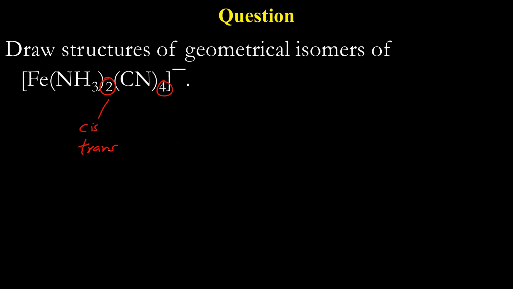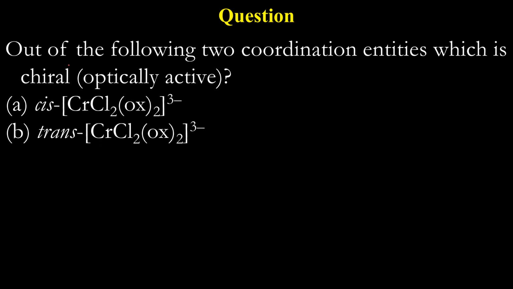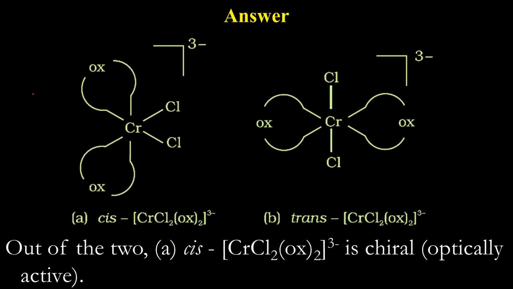So these two en can be on the same side, or can be opposite to each other. So that's why cis and trans forms will be possible. Out of the following two coordination entities, which is chiral, optically active? Cis is optically active. This is something you will remember. And the reason is very similar to what I talked about. Their 3D structures will be non-superimposable. So the cis form will be chiral, optically active.